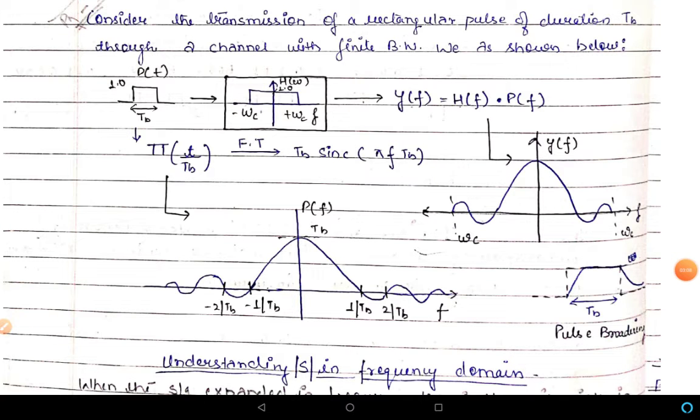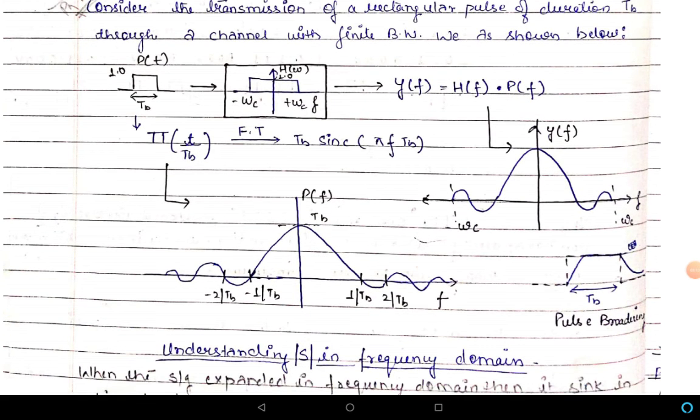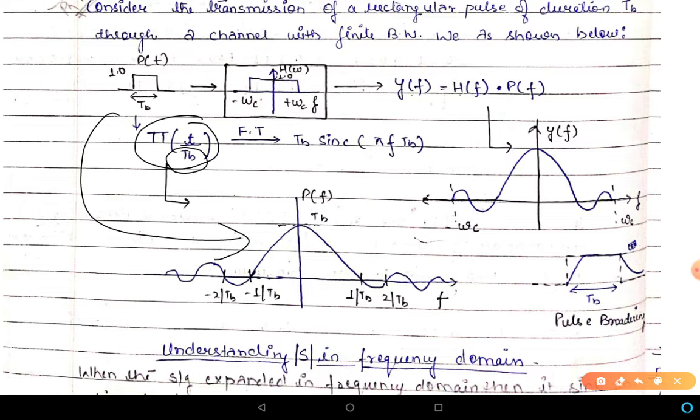Now what is the Fourier transform of this pulse? The Fourier transform of this pulse is a sinc function. So this is a rect pulse of width TB with the Fourier transform TB sinc(pi f TB), which is drawn here. The zero crossings are coming at 1/TB, 2/TB, and so on, minus 1/TB, minus 2/TB, and so on.